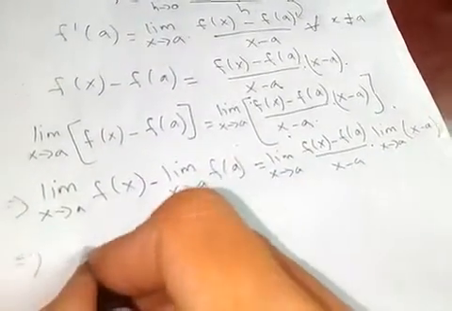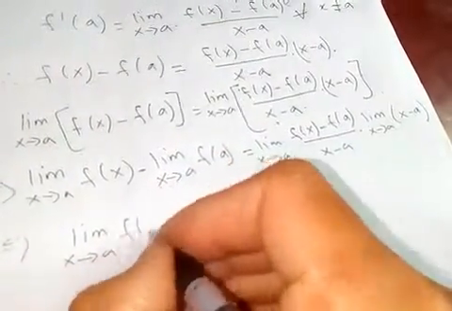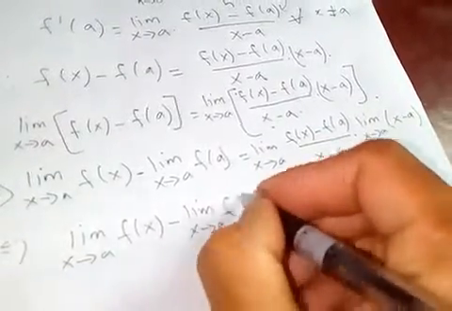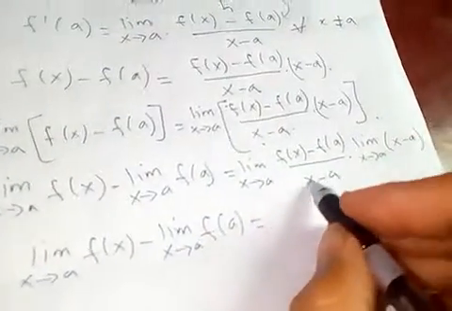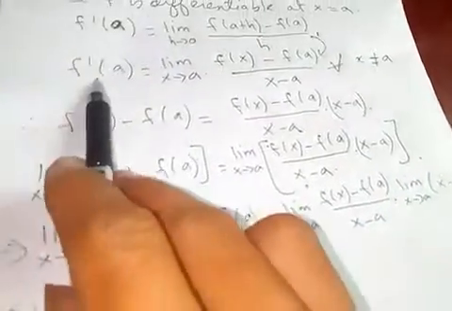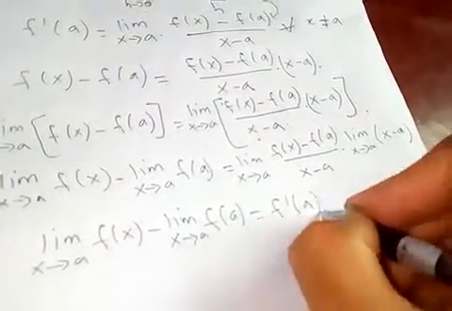Which is equal to limit x tends to a of f of x minus limit x tends to a of f of a. This first part is the same as the derivative, so I can replace it like this.